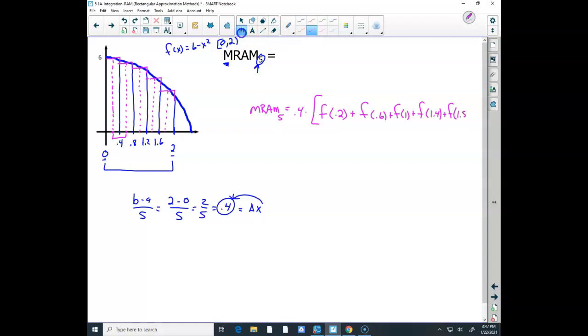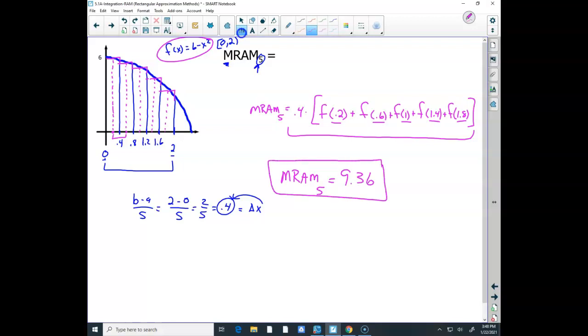Now, if you don't know if you have enough, I have 1, 2, 3, 4, 5 rectangles in there. Next I'm going to go straight to my calculator because my function is defined in my calculator. I'm going to type in exactly what I see right here. Hopefully you're doing that. You're going to find out your mid RAM of 5 is going to equal 9.36.